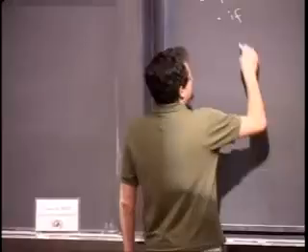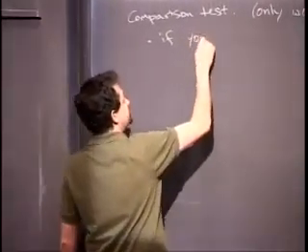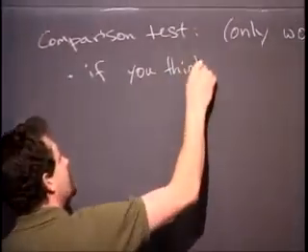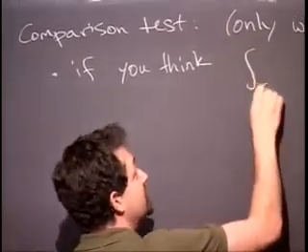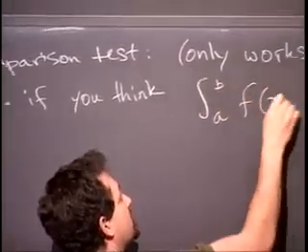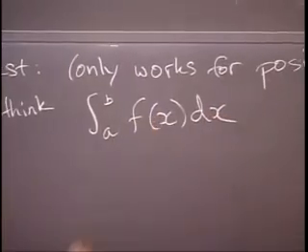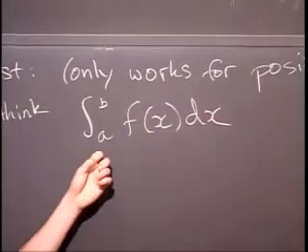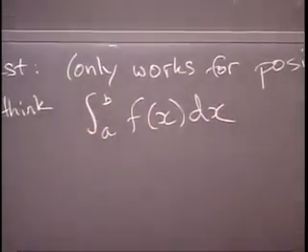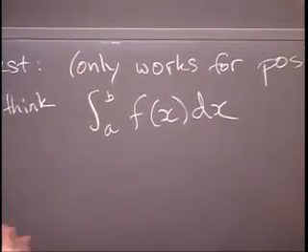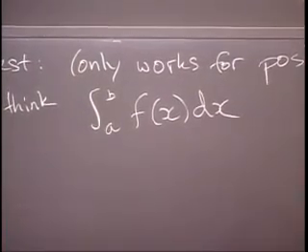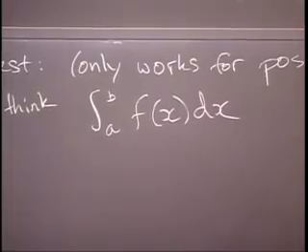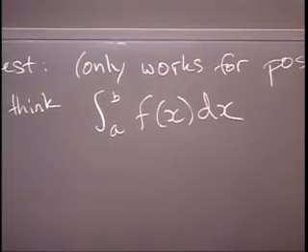If you think, and of course you might be wrong, but if your intuition is that this improper integral, where you have a problem spot at either A or B, but not both and not in between, diverges... Last time I also discussed how to split up the integral so that you isolate the problem spots in different improper integrals.